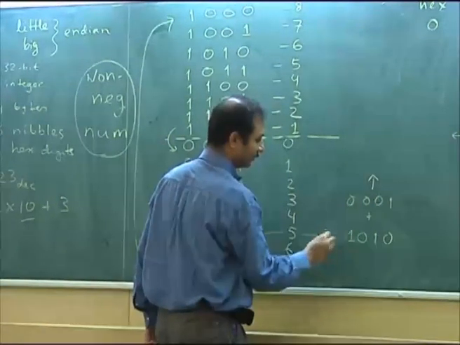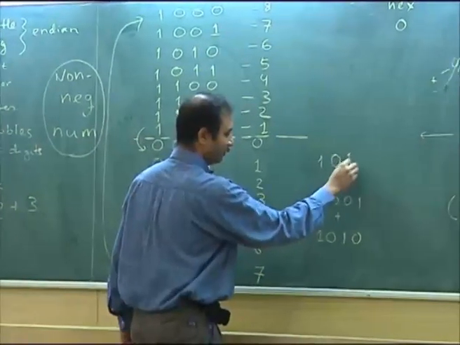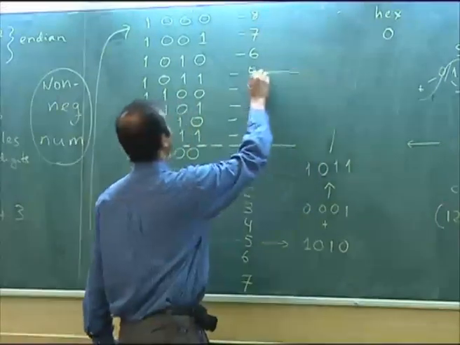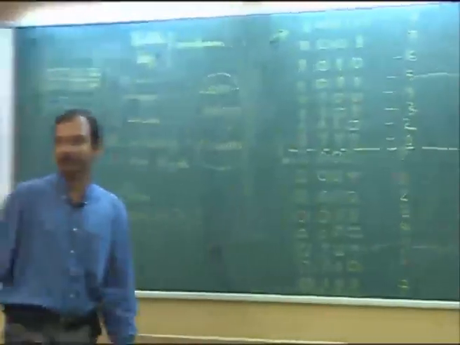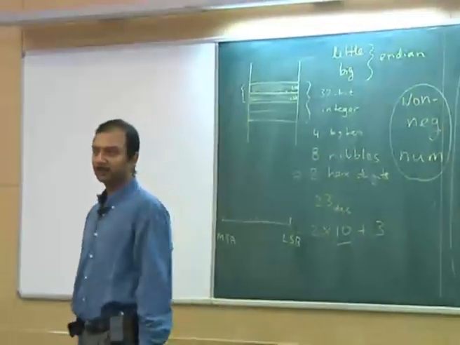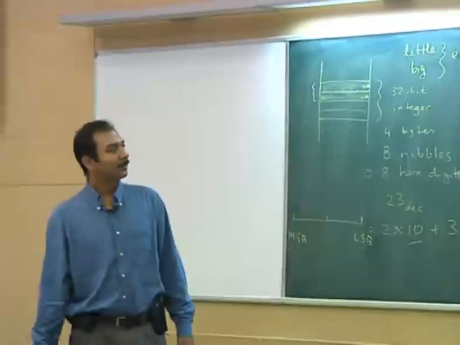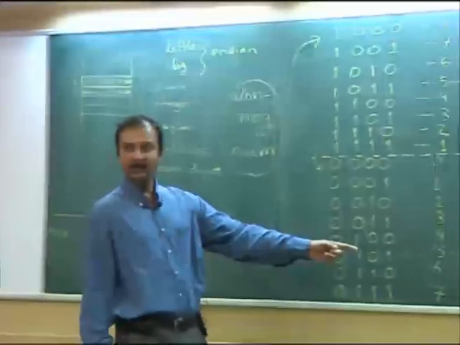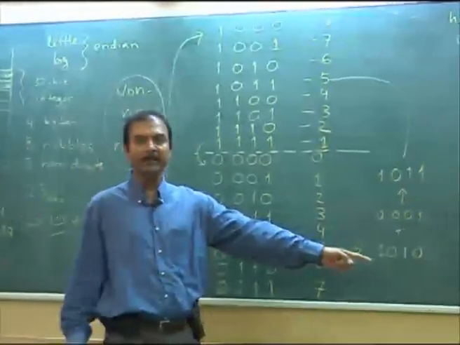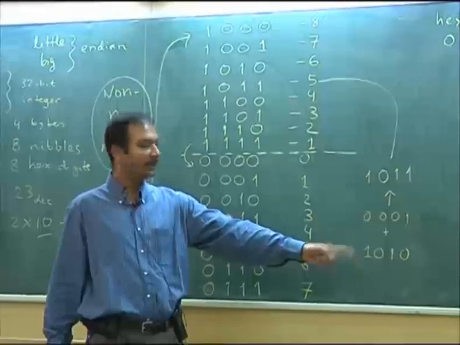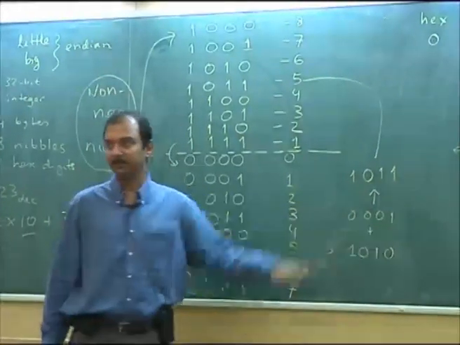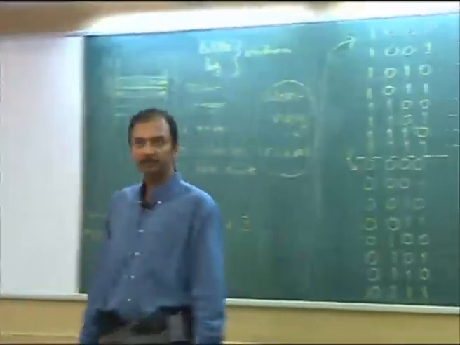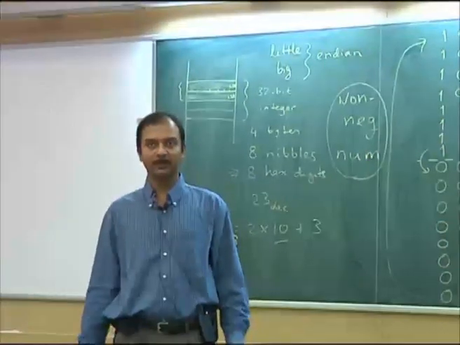I get 1, 0, 1, 1, which is minus 5. So that's why it's called 2's complement. You can take a number, you can negate all the bits. That doesn't directly give you the negative of the number. To get the negative, you add binary 1. Okay, that's how you negate a number.